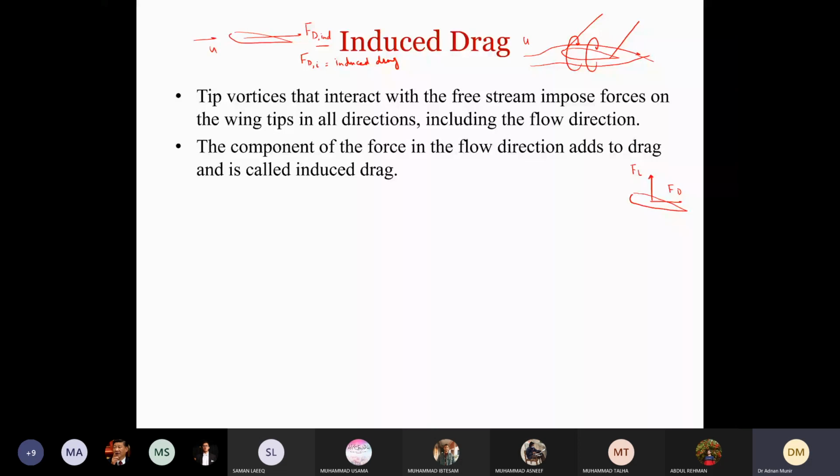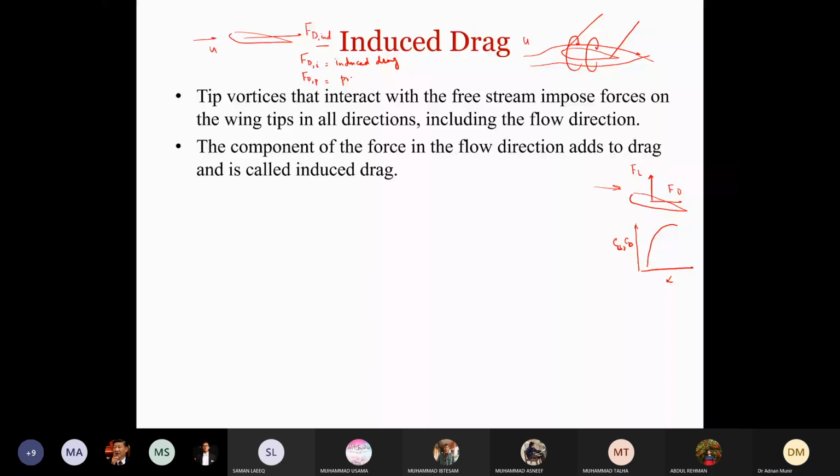Now if we draw C L or C D versus angle alpha, or C L versus C D, we have a graph like this, and that graph that is giving us the profile is because of the shape of the aerofoil. So I can say that there are two components of drag force. One is called F D P. P means profile drag.